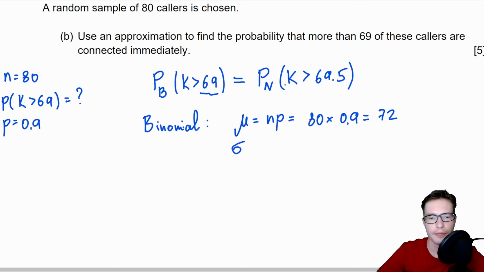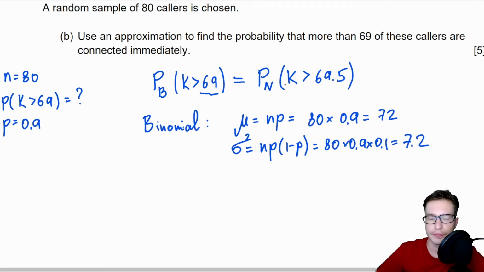And sigma, actually sigma squared, is going to be np times 1 minus p. So it is 80 times 0.9 times 0.1. That is 7.2.